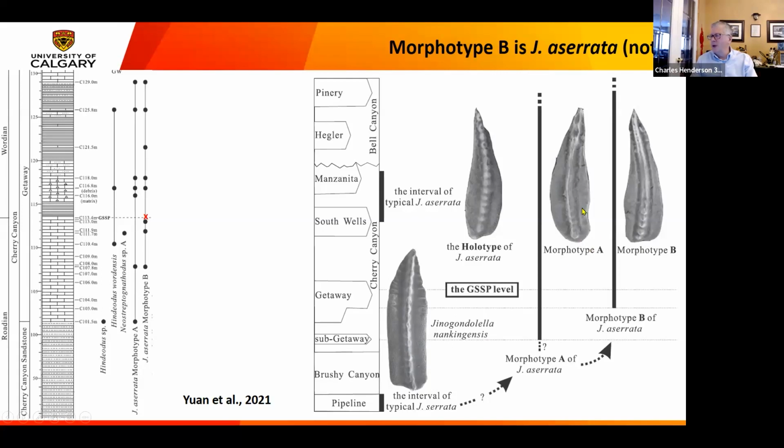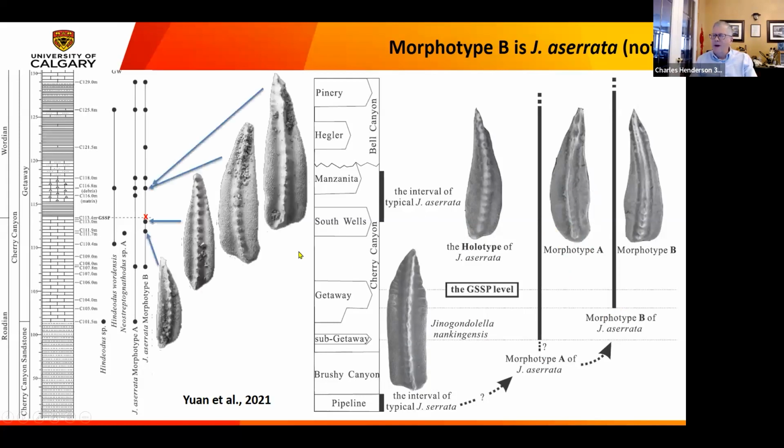You can see the different shaped platform in here. And there's our holotype again. This is a totally different form. Now, morphotype B, okay, it's not abundant, but it's there. And in fact, here are some of the specimens that were illustrated by Yuan. Look at that. This is identical to the holotype right in here.